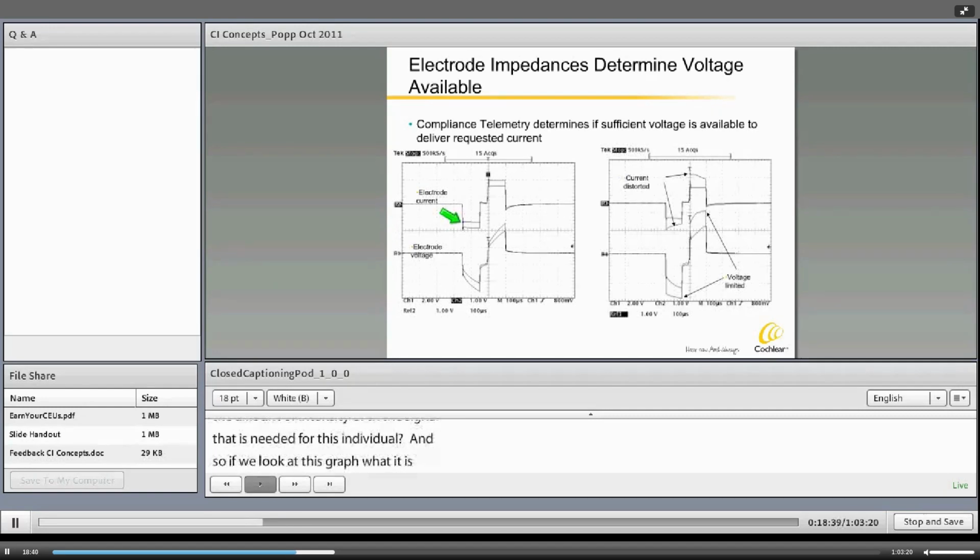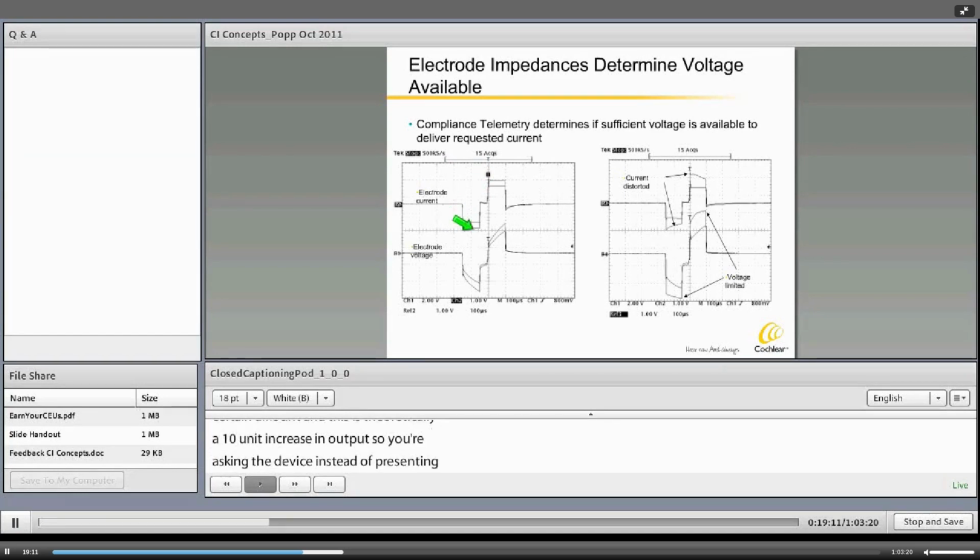If we look at this graph, it's showing a pulse that is occurring, and the first line is the base level of presentation of the signal, and then it's being increased by a certain amount. So this is theoretically a 10 unit increase in output.